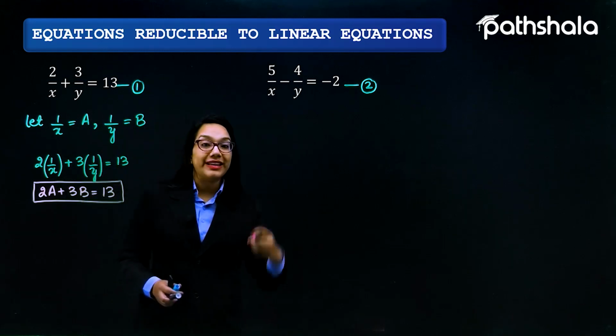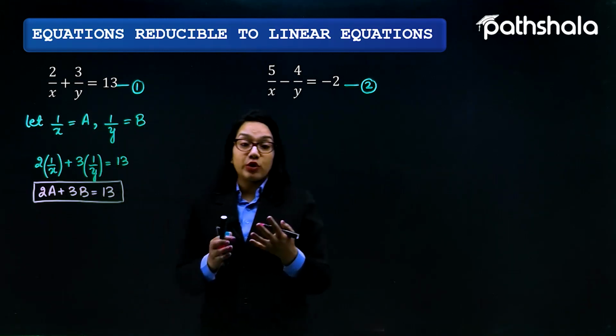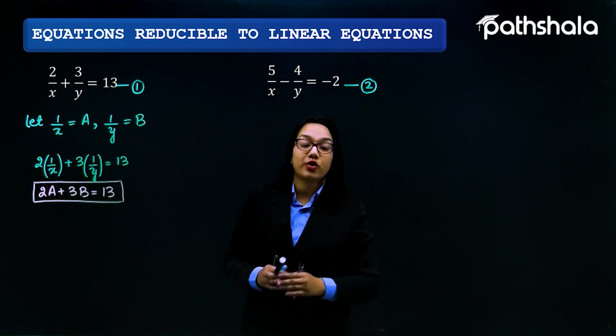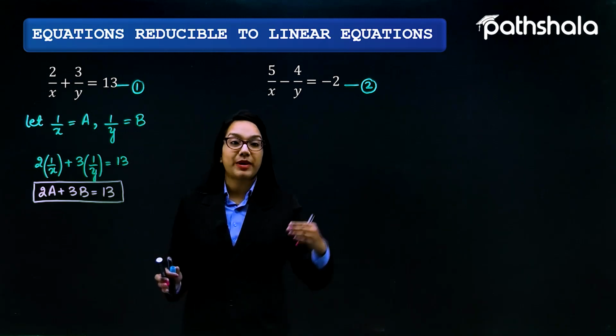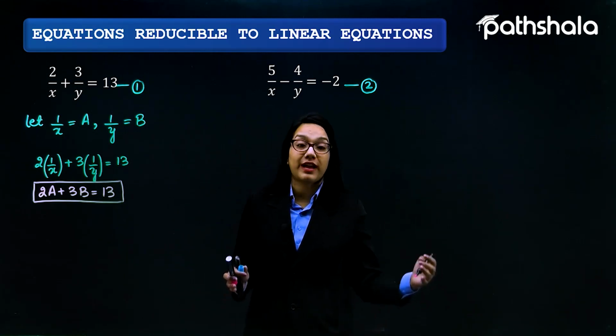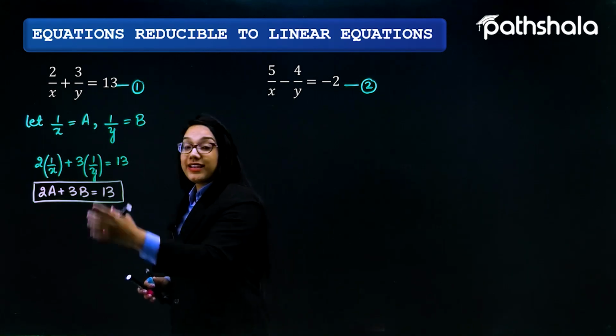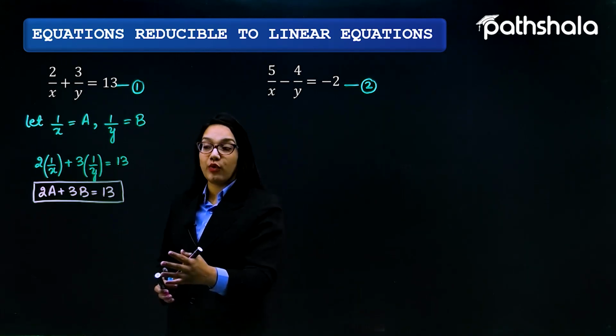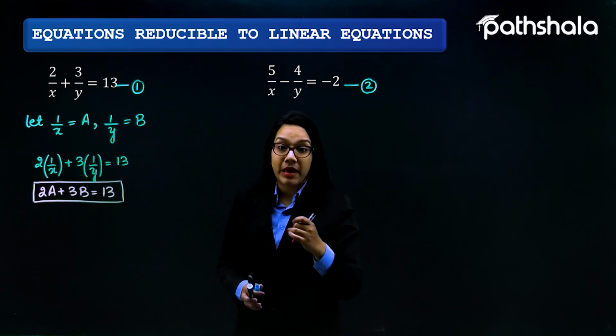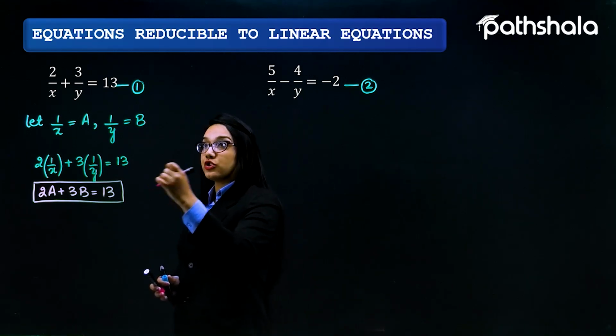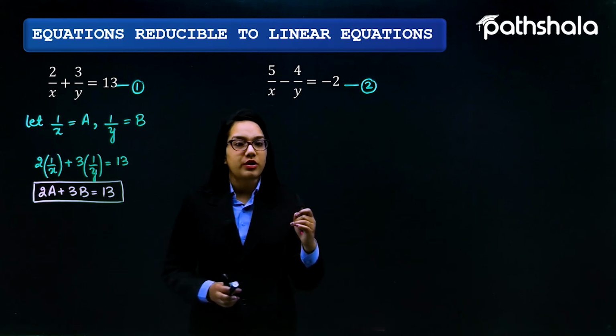This is a linear equation now, because we know that any equation of the type ax plus by plus c equals 0 is called a linear equation. Now we have the variables capital A and capital B here. In the same manner as we reduced equation number 1, we will reduce equation number 2.